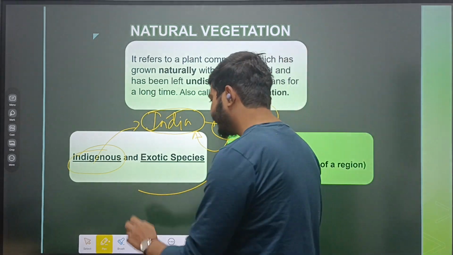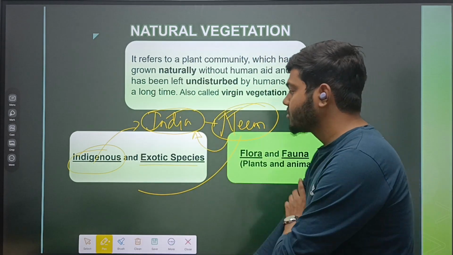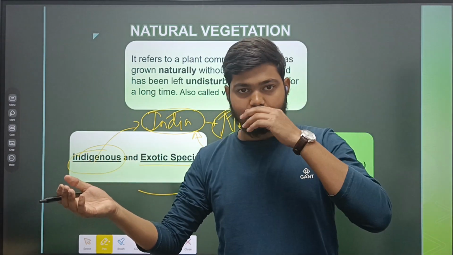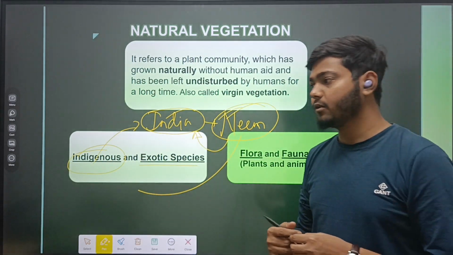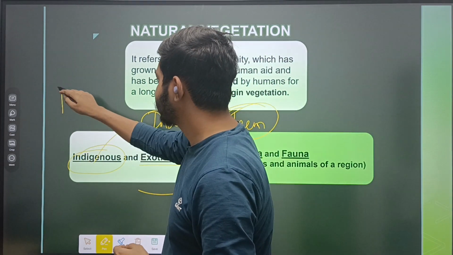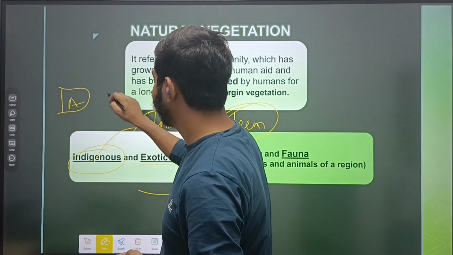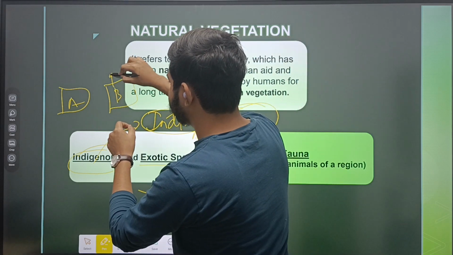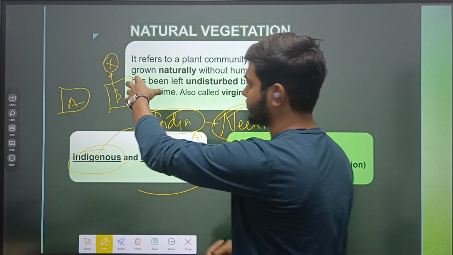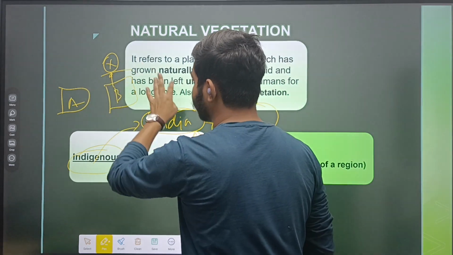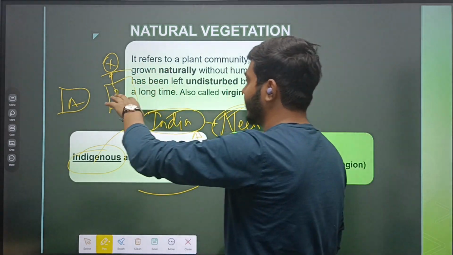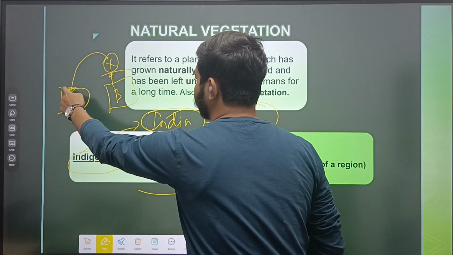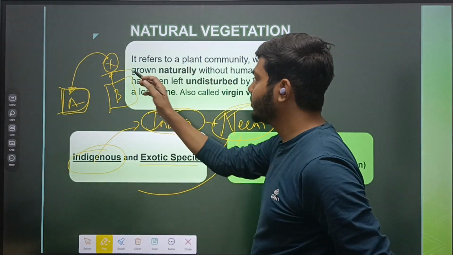And exotic species are those species which are brought from a different country to a region. For example, this is region A and this is region B, and there is a plant whose name is X. This plant is brought to region A and grown in this region.